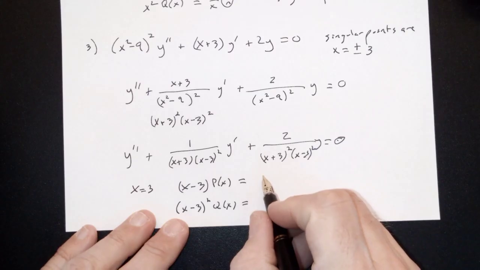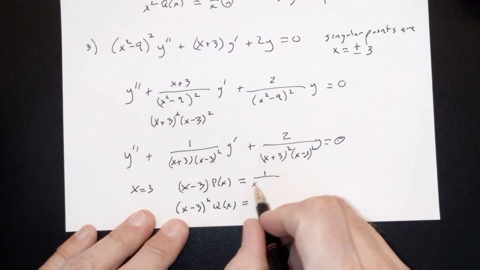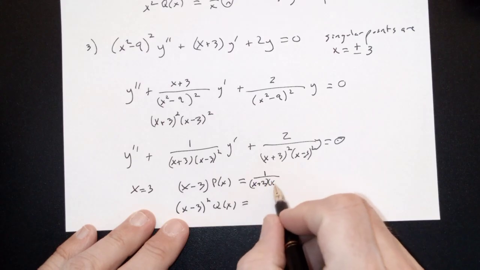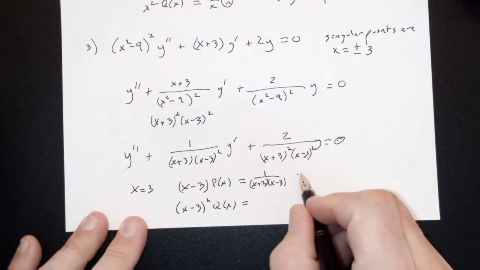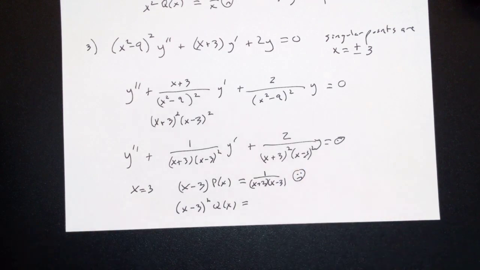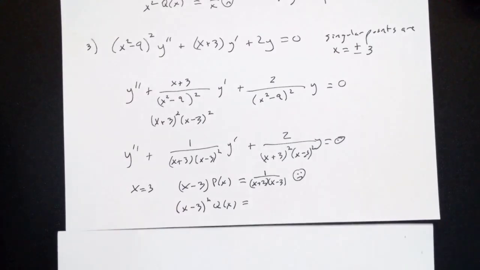Yeah, x minus 3. Or q of x. Hang on. Before I go any further, what happens at 3 there? That blows up, and that does not work. There's my frowny face right there. This tells me what about x equals 3? It's irregular.